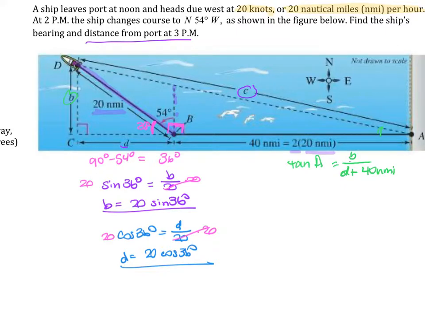So we know that B here is 20 sine of 36 degrees, and then we know D is 20 cosine of 36. So let's go ahead and plug that all in. Tangent of A equals 20 sine of 36 degrees over 20 cosine of 36 degrees plus this 40 nautical miles.